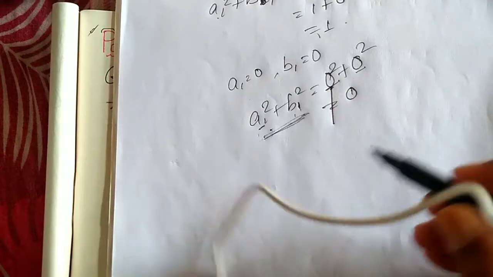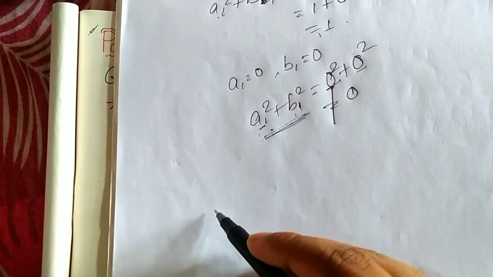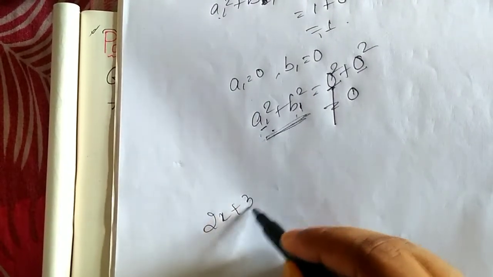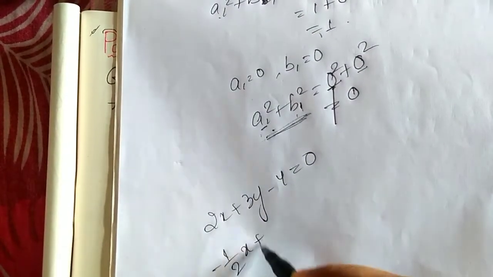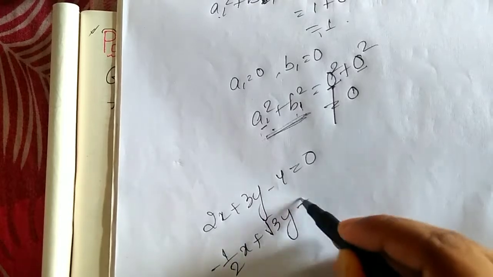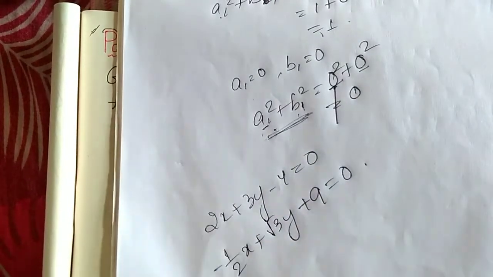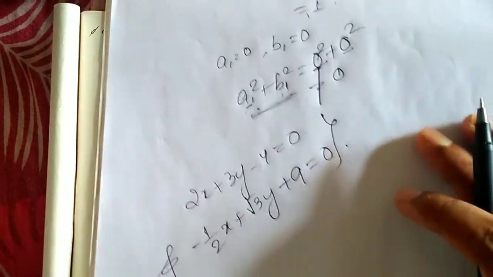So students, let me give you one example of a linear equation in two variables. 2x plus 3y minus 4 is equal to 0, and minus 1 by 2 x plus root 3 y plus 9 is equal to 0. So this is a pair of linear equations in two variables.